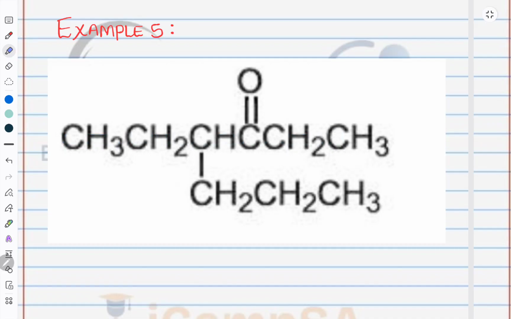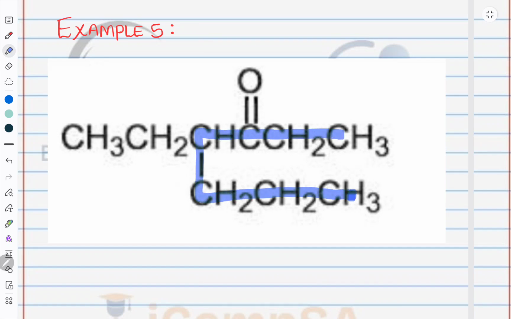Now what if we do from here 1, 2, 3, 4, 5, 6, and 7. So this C-shaped chain has 7 carbon atoms, whereas the straight one has 1, 2, 3, 4, 5, 6. Just making sure there. So it means our long continuous chain is this one.